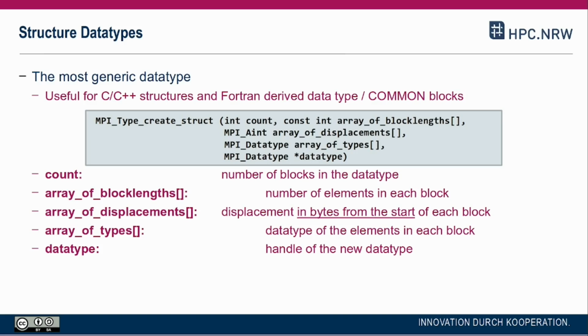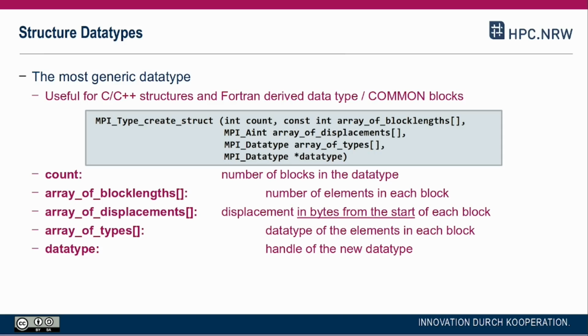So what you can do here is, again, you have a count. You again have different block lengths. You again have different displacements between the blocks. But now, not all of the types have to be the same, because in a struct you can mix ints with doubles, with characters, and so on. And then you create a new data type.